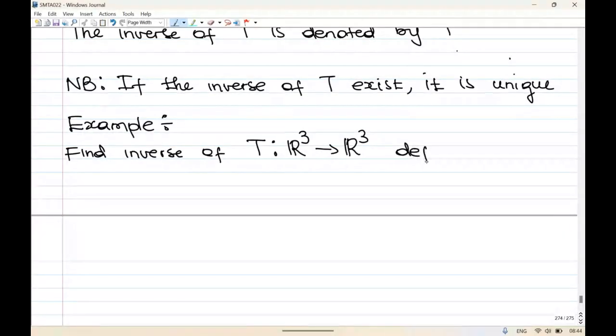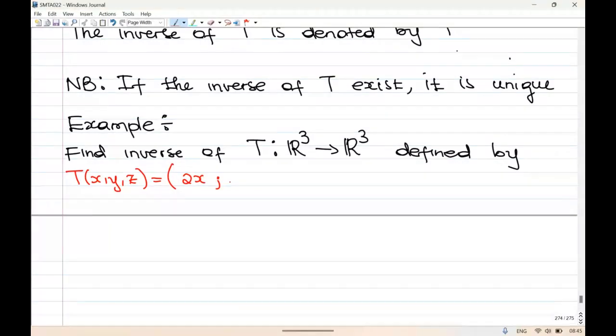This map has been defined, let me write it with a red color, by T of (x, y, z) equals, you must have 3 values on the other side, which is (2x, 4x minus y, 2x plus 3y minus z), close the bracket.